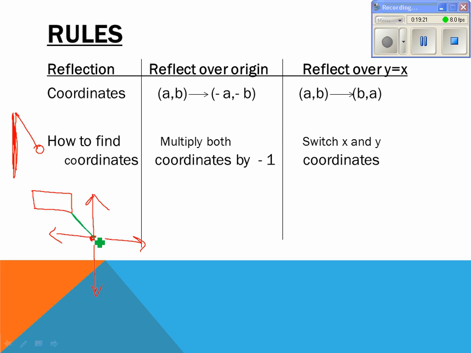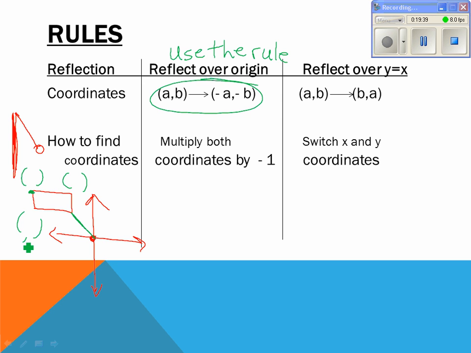All right? So with this, you must make sure that you use the rule. You've got to use this rule right here. So what you do, find these coordinates of each corner, and then you just, what's the rule do this time?